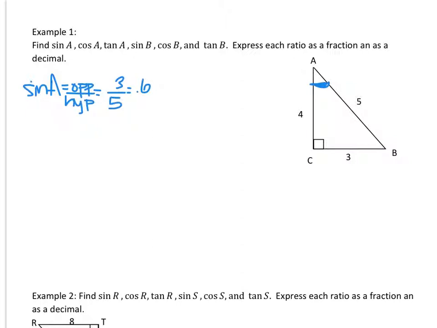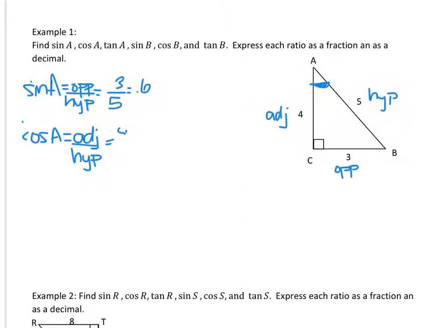So for angle A, this is our hypotenuse, 3 is our opposite, 4 is our adjacent. So cosine A. Cosine is adjacent over hypotenuse. Came a hopping. So adjacent is going to be 4. Our hypotenuse is 5.